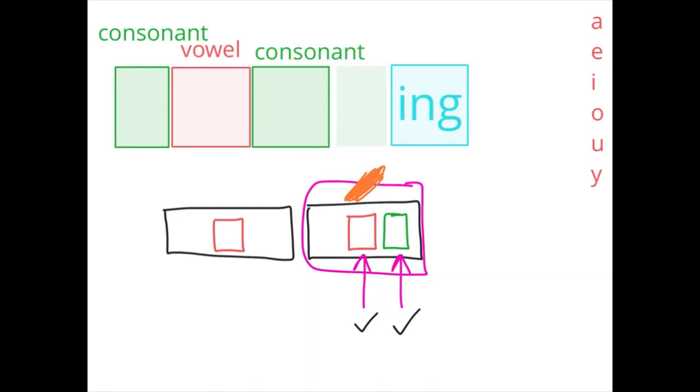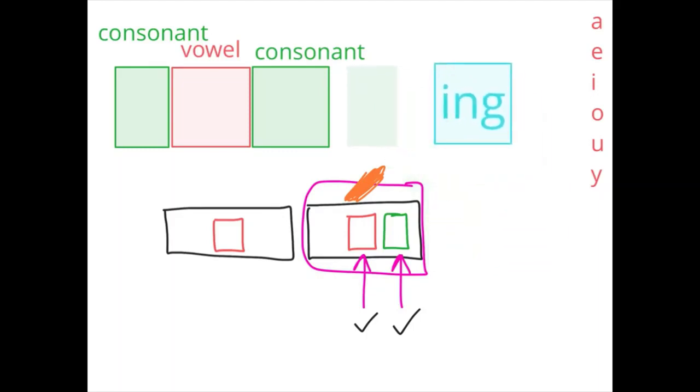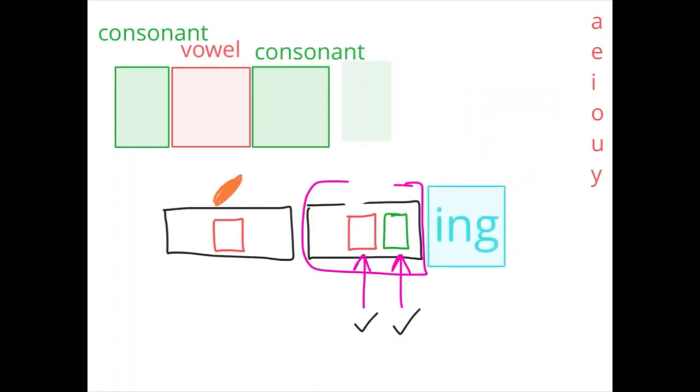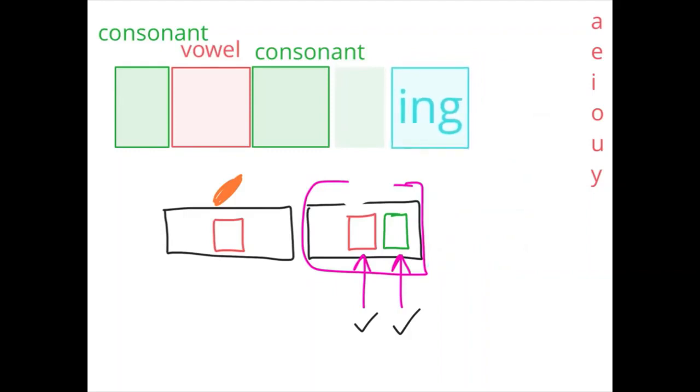If we are, then yes, we will double the final consonant and then add ing. But if we are not accenting or stressing this last syllable, if we are doing it over here at the beginning or on a different syllable of the word, then we are not going to double the final consonant. We will just add ing. So we're going to do our examples with open and begin to see what that looks like.